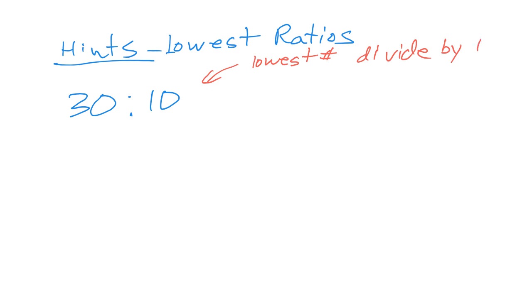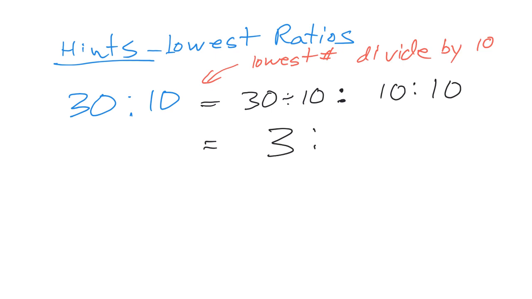So in this case, we're going to divide both of these by 10. So we can come up with an equivalent ratio of 30 divided by 10 to 10 divided by 10. Punch 30 divided by 10 in your calculator, you get 3, and 10 divided by 10 gives us 1. So we know that our ratio is 3 to 1.